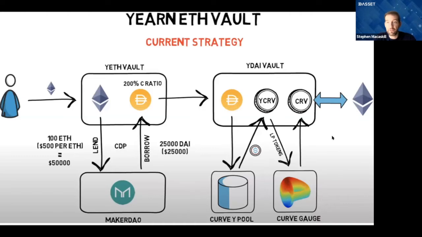This vault strategy then deposits the DAI, the stablecoin, as liquidity into a pool that's used for trading. Those funds generate liquidity pool tokens, LP tokens, and those are deposited into a farm to yield Curve. In addition to that, this vault then sells the Curve tokens back to ETH, which is essentially the return. So when you pull your funds out of this vault, you are going to pull out ETH.